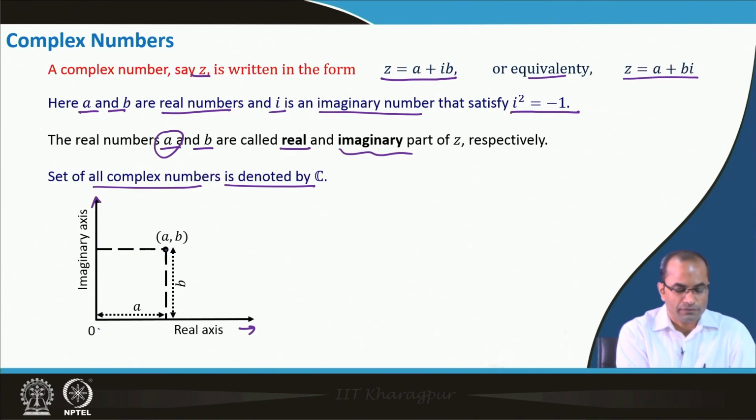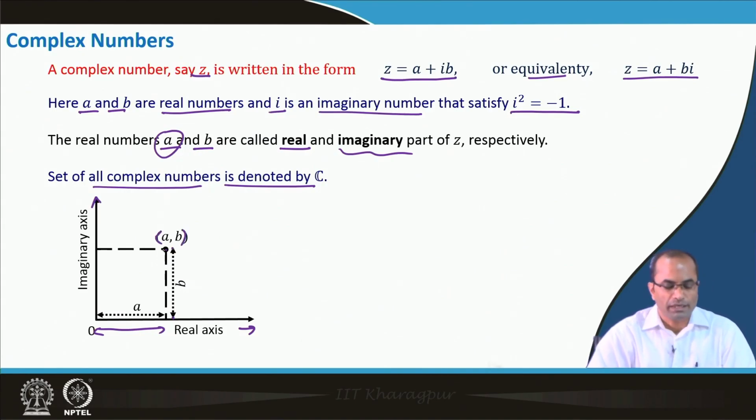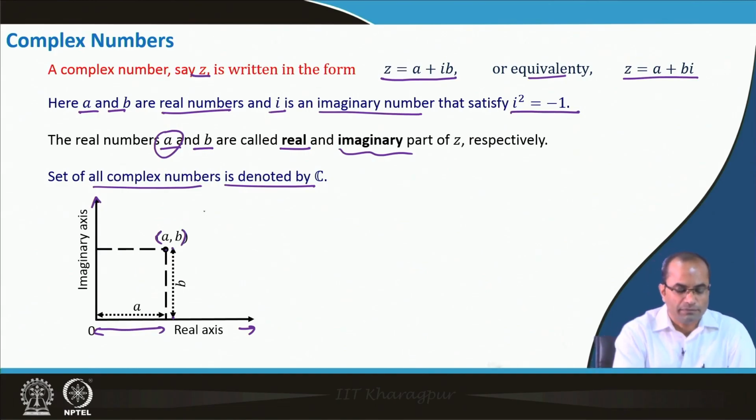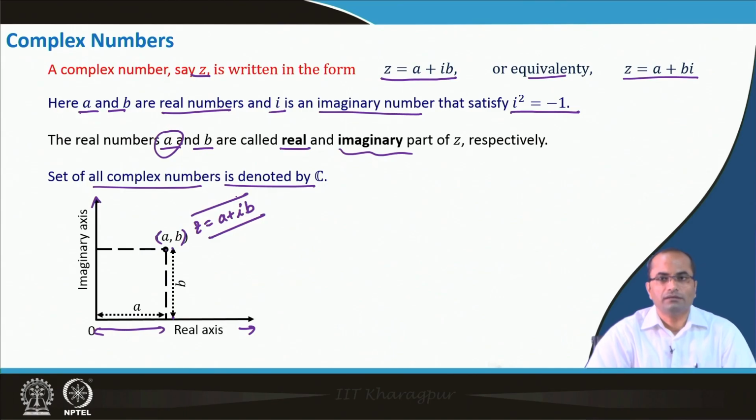Here we have a, the component in the real axis, and b, the imaginary part of z, which is the distance from the real axis to this point. So, this is a point in this two dimensional plane, which we can treat as (a, b), the complex number we have denoted by a plus i b.